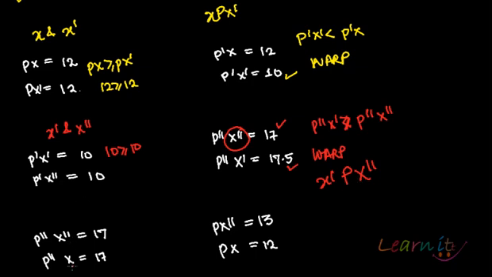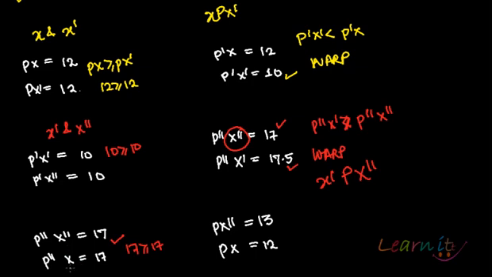Between X double dash and X, when prices were P double dash, you're choosing X double dash. What is the expenditure? 17. When prices were P double dash, is X affordable? Yes, it is 17. So 17 is greater than or equal to 17. So you're choosing X double dash when X is affordable.